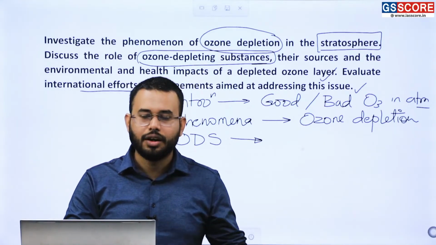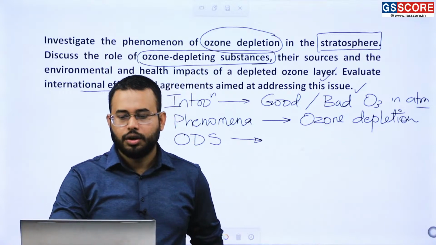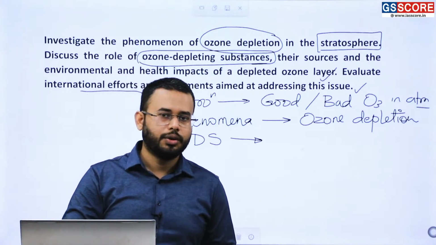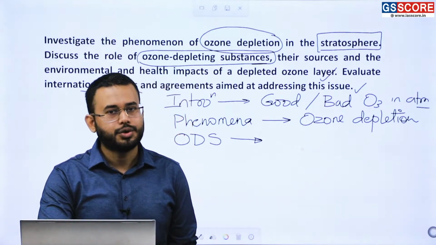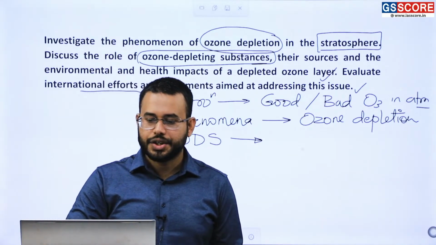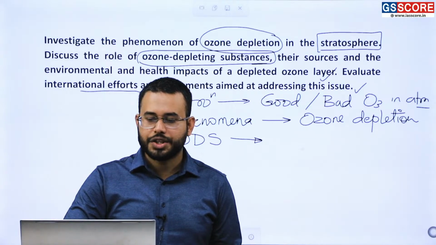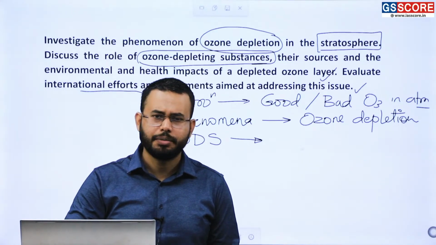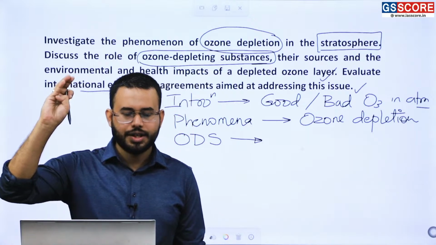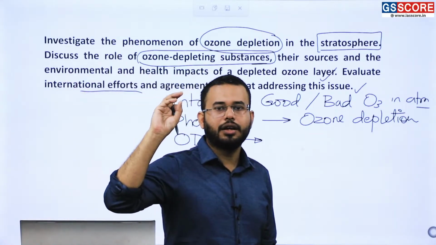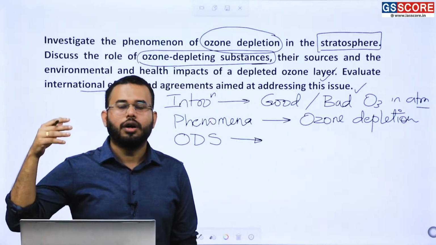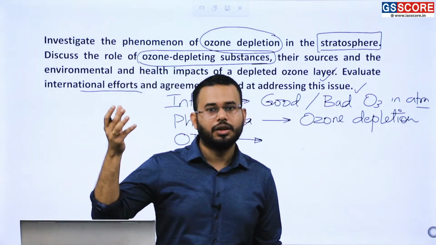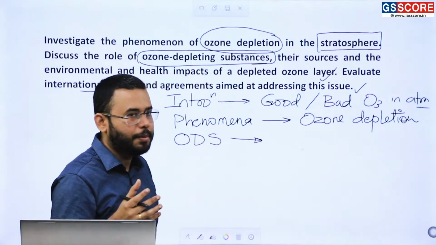We have several consumer products also where ODS, or ozone depleting substances, are found, like aerosol sprays, air conditioning systems, insulation material, fire suppression systems, etc. So industries, agriculture and consumer products all release ODS in some way.